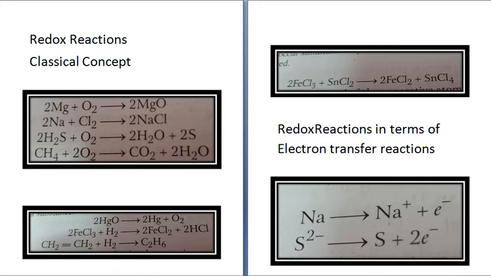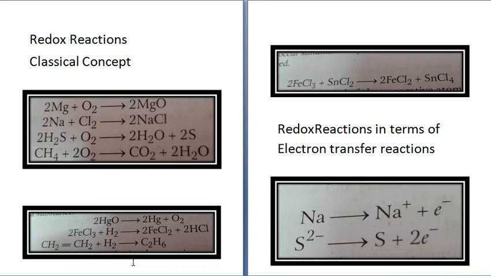2FeCl3 plus H2 gives you 2FeCl2 plus 2HCl. So from here one chlorine atom has been removed. From FeCl3 it has been changed to FeCl2. So again removal of electronegative element. So this is reduction. Alright.